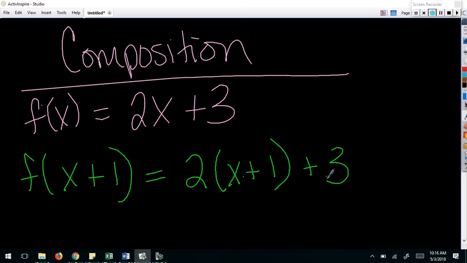And I would distribute the 2 because I can. Yes, Bryce? So it isn't x squared, because you don't put another x in there. You completely pull that x out and put this x plus 1 in. It's essentially completely taking the place of it. So it's going to be 2x plus 5. Yes, I distributed here.